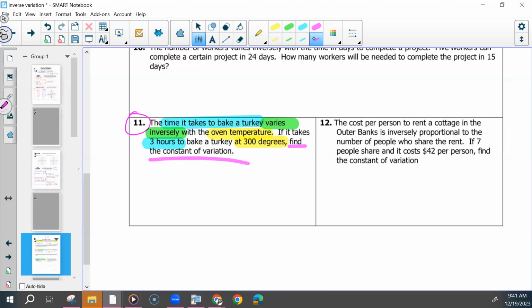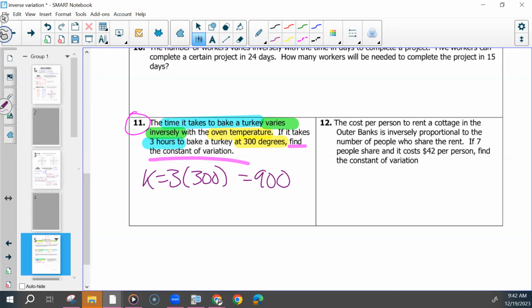K. So if we're looking for K, how would we find that? 300 times 3. Which is 900. It doesn't ask for anything else, just find K and that's it. Make sure you're paying attention to what it's asking you to find.